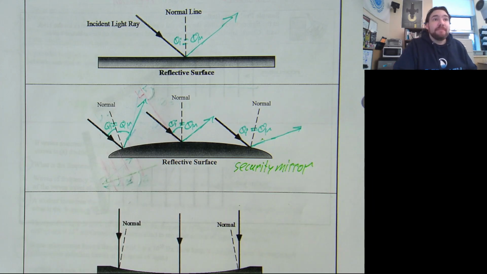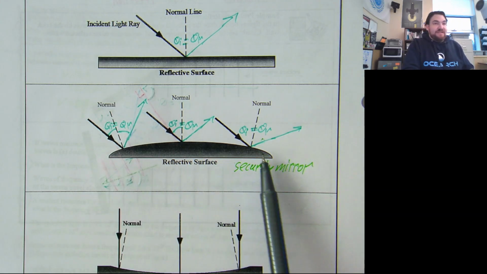Okay. There's another effect I'm looking for, not so much size. No, not quite. So a security mirror is an example of this.